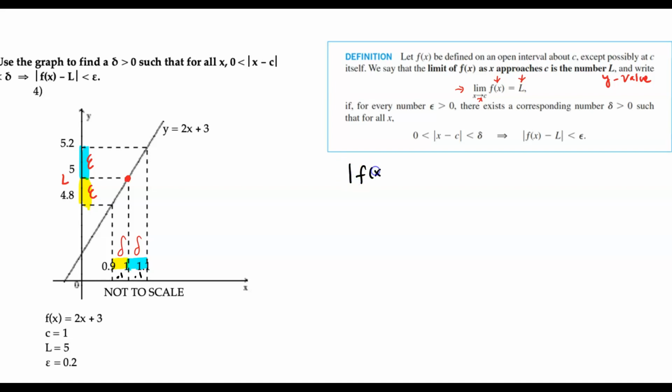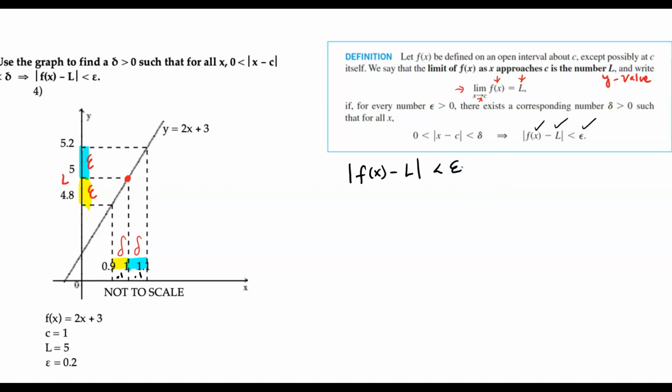So let's take a look. If we are looking for a delta value, we need a delta that satisfies this inequality here. We have our f of x, we have our L, and we have our epsilon. I need to write epsilon here, sorry.